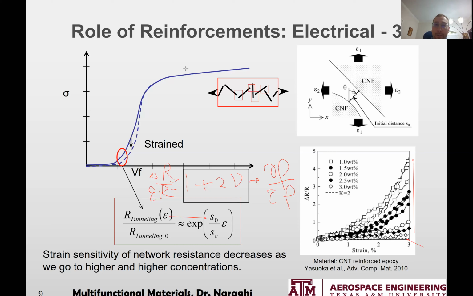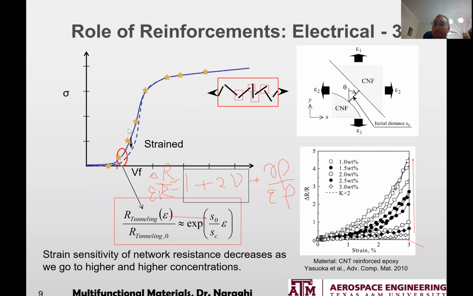The very high volume fractions are somewhere here. As we reduce the volume fraction, we get closer to where the percolation threshold happens. And in this region, we are very sensitive to distances between carbon nanotubes or carbon nanofibers.